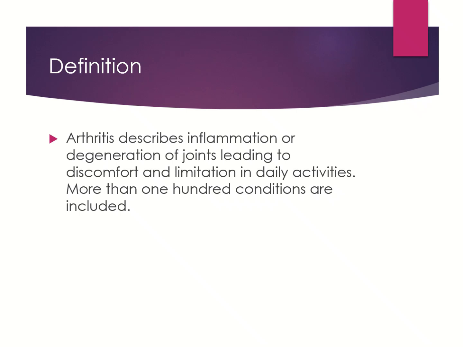Arthritis describes inflammation or degeneration of joints leading to discomfort and limitations in daily activities. More than 100 conditions are included. More than 100 types of arthritis conditions are included by the term arthritis, and this definition explains that it is a degeneration of joints.